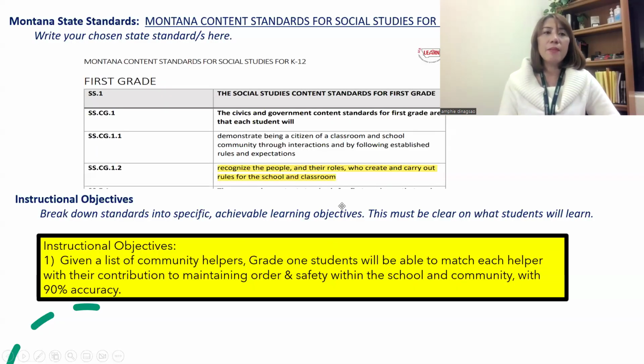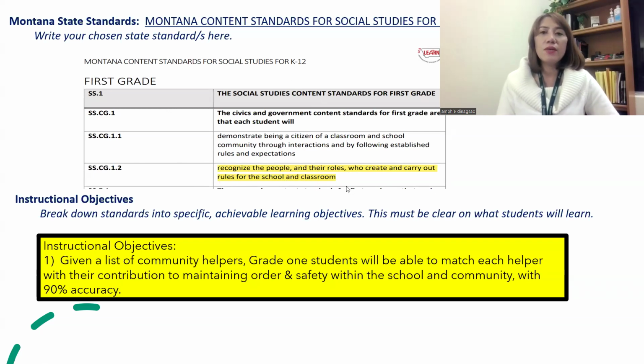So let's say, for example, the content standards that you choose, and I'm going to use this for the rest of the lesson plan so we can follow. Let's say for first grade in social studies, I want to pick the standard on recognizing the people and their roles who create and carry out rules for the school and the classroom.